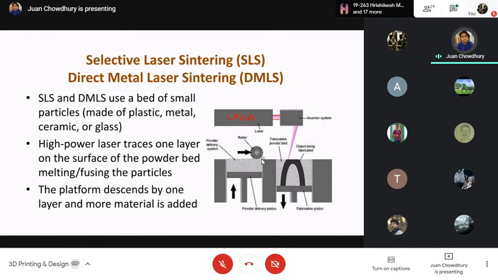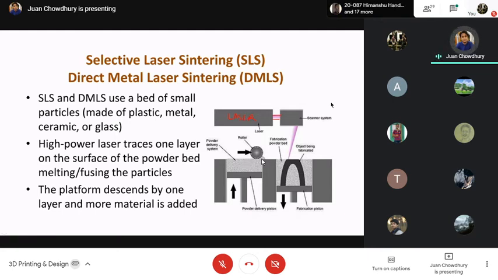It is similar to SLA. Otherwise, I have to go back. Do you remember the galvanometer-based mirrors? That was nothing but the scanning system.